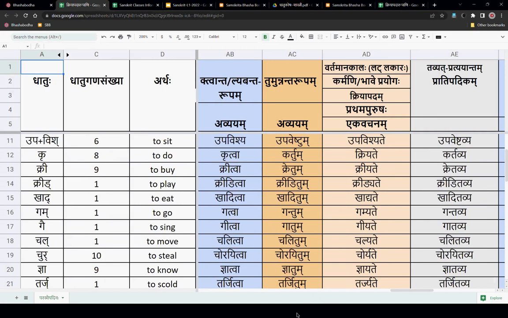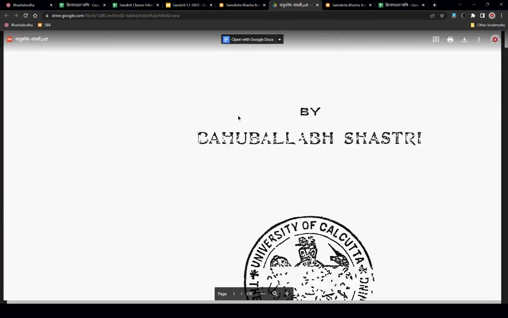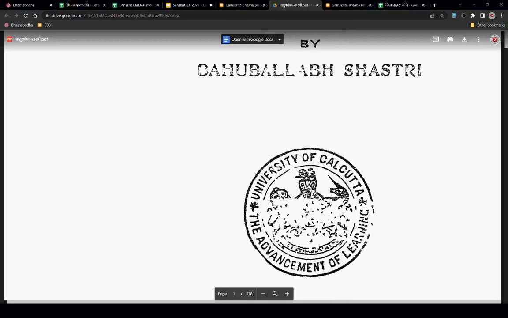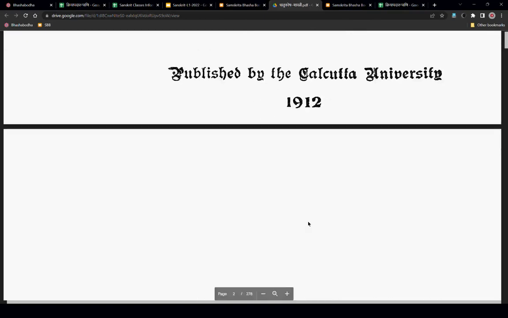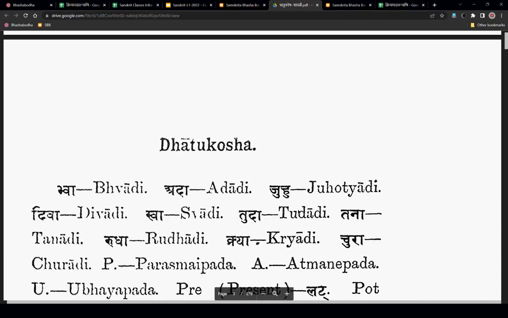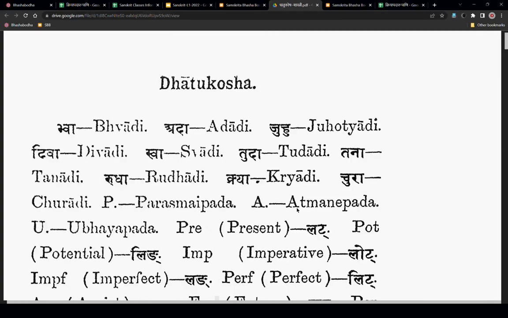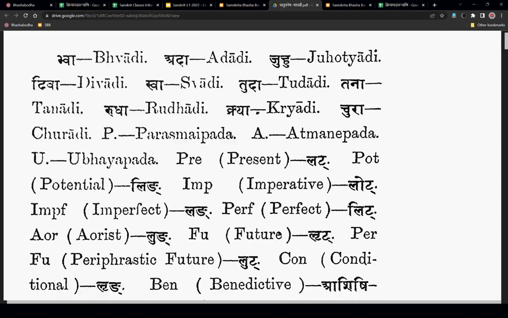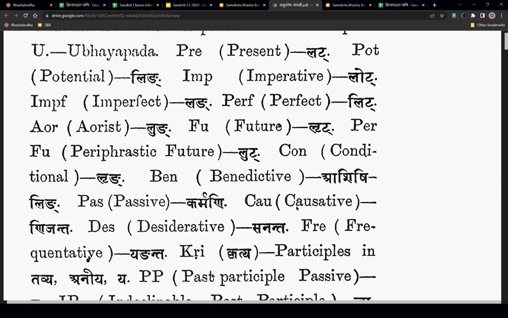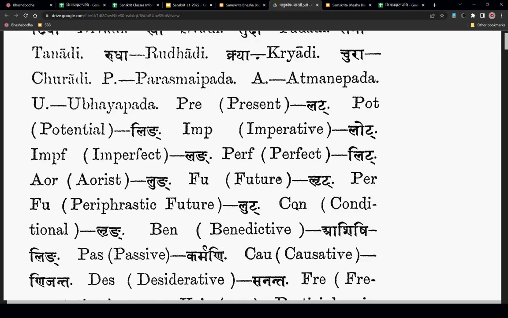But if you want to find out the form of any dhatu, you have to go back to the kosha. One such old one is available, and I have put it for download here. It's available on archive.org also.